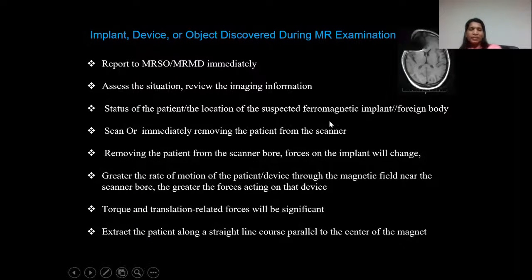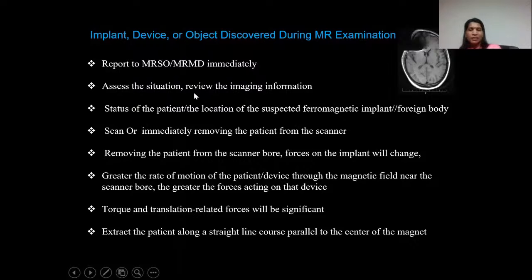Suppose you find out that there is a metallic object while scanning; you should know what to do in such a situation. If there is an unexpected magnetic susceptibility artifact indicating a foreign object in the patient's body, and the patient is in the scan, you have to immediately report it to the MR safety officer.